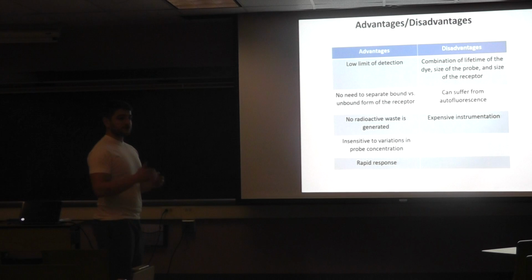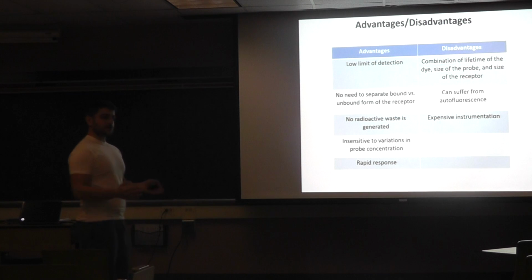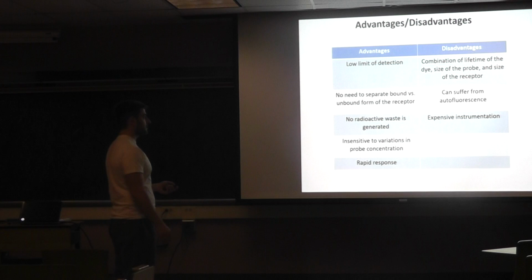Yes, you can do it, but the resolution is not going to be high enough, or you won't be able to differentiate between the unbound versus the bound form, just because the molecular weight difference is not big enough. With small molecules, you can get a difference between your probe being 1 kilodalton, let's say, and your protein 30 kilodaltons. That's a really good change. But if it is a 1-to-1 change, from 20 to 30, you're not going to see a big difference.